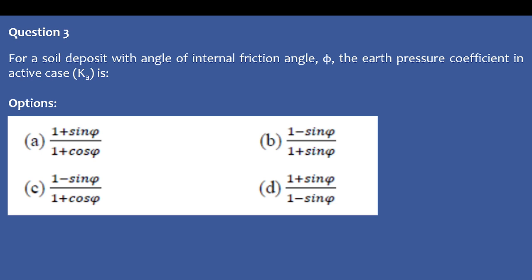For a soil deposit with an angle of internal friction phi, the earth pressure coefficient in the active case, K, is.